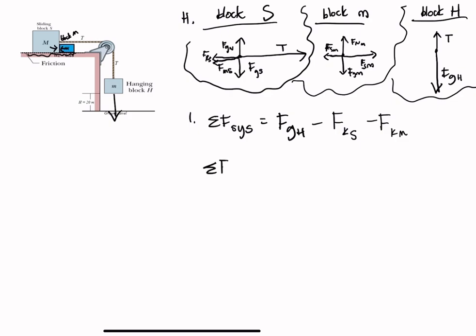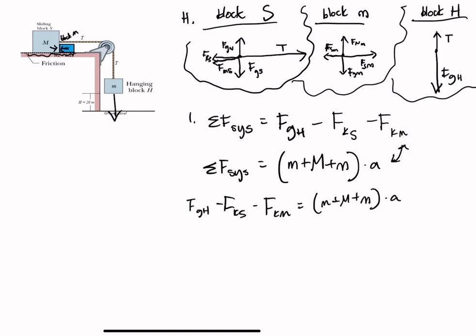We know that the net force on the system is also equal to the total mass times a. So we can just set those equal to each other. And then let's expand it. So Fg H is just the mass of block H times g, minus Fk of S. So that would be the mass of block S times g times the coefficient of kinetic friction, minus the mass of block M times g times the coefficient of kinetic friction, equals the total mass times a.